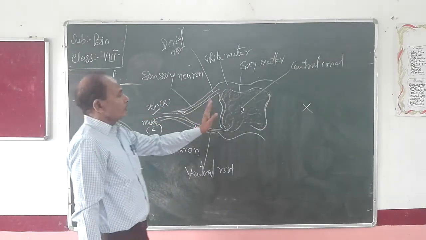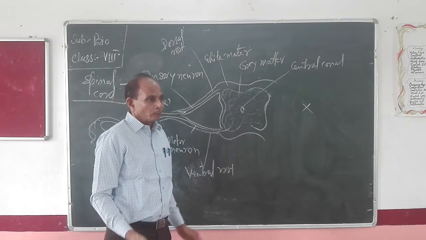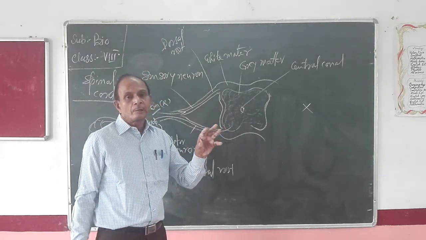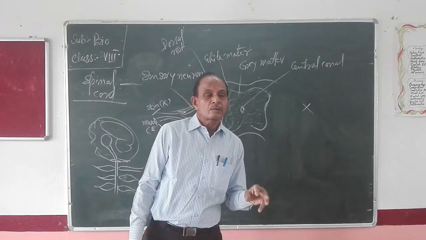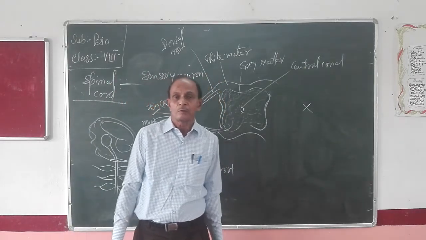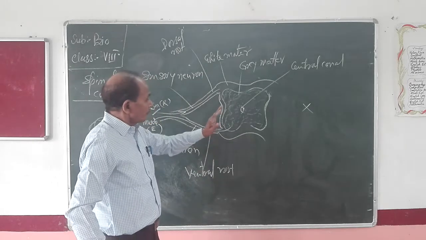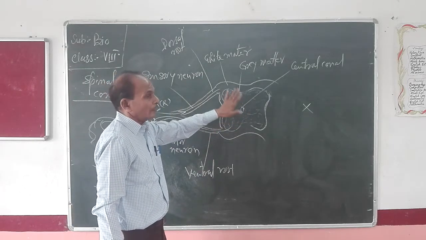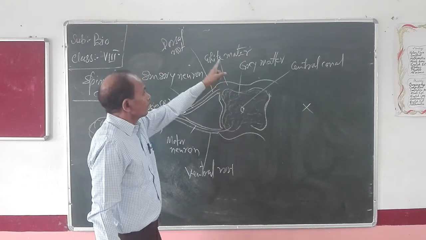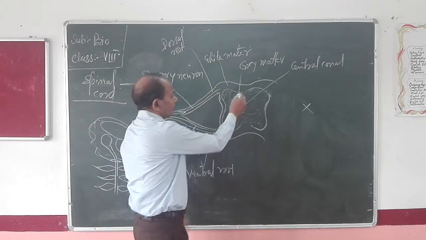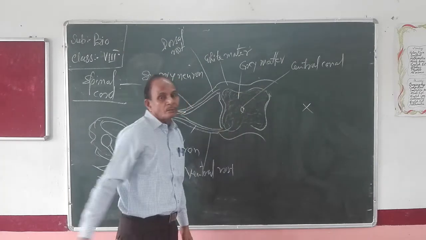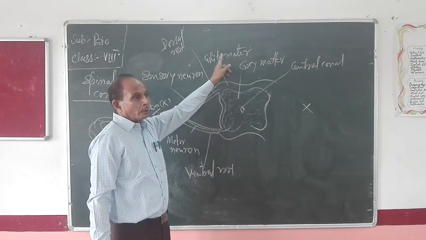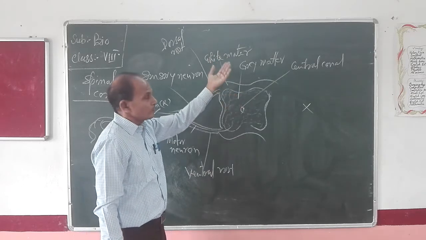We had also studied grey and white matter. The part of the nervous organ which is made up of only cyton is known as grey matter, and the part which is made up of only axons is known as white matter. When you observe the section of the spinal cord, you see that the grey matter is towards the center and the white matter is towards the periphery, while in the cerebrum and cerebellum the condition is just reverse.